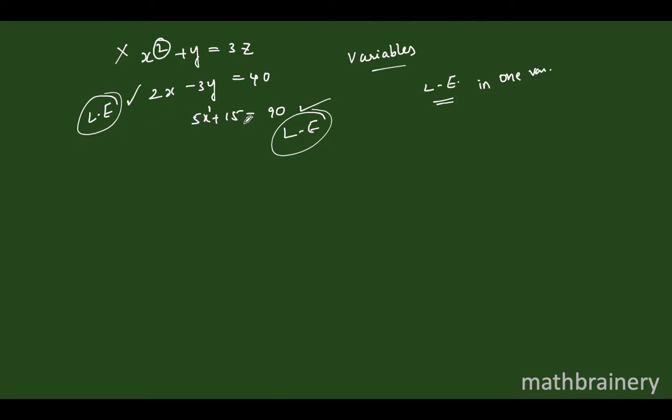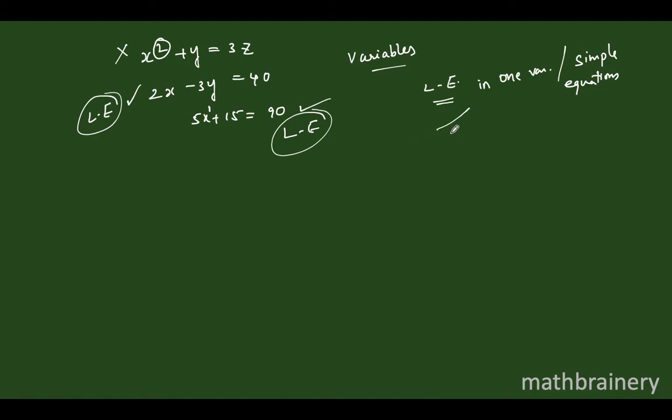In this example 5x plus 15 is equal to 90, the variable is x and that x is raised only to the power 1 and we only have one variable involved in the entire equation. So you call such kind of equations as linear equations in one variable, or they are also called as simple equations.